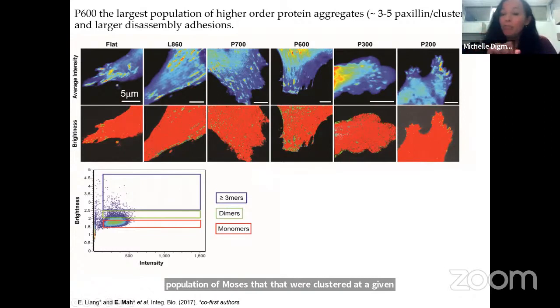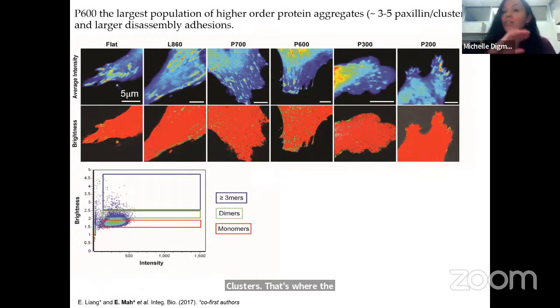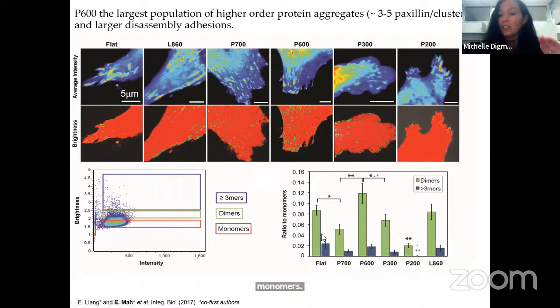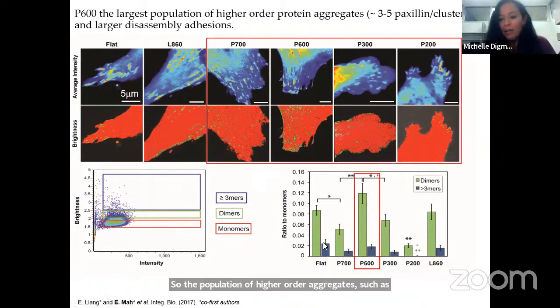So basically, we know from previous work that if we see high clusters, that's where the focal adhesions are falling apart and disassembling, and that's giving us a turnover number. From our data, we were able to calculate the ratio to monomers, so the population of higher order aggregates such as dimers and greater than 3-mers, and we saw a pattern or trend.